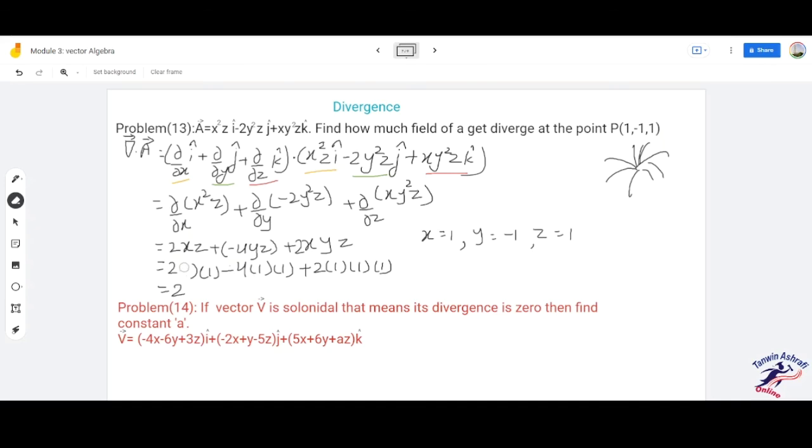Let me write this clearly: 1.1.1 gives 1, therefore 2; minus 4 into 1.1 is 4; plus 2 into 1.1.1 gives 2.